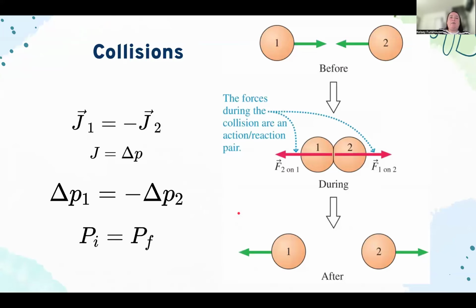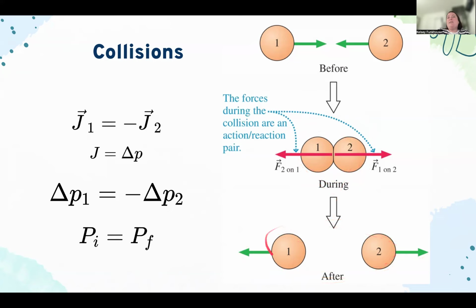And we talked about how for these collisions, we end up with conservation of momentum, where the total initial momentum of a system is equal to the total final momentum. So we have these two balls that collide. They are in collision for a certain time and experience an impulse through that.